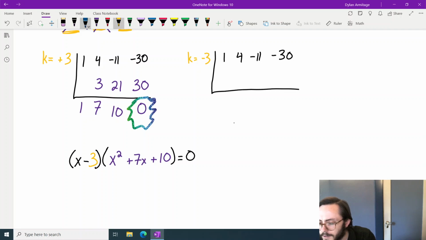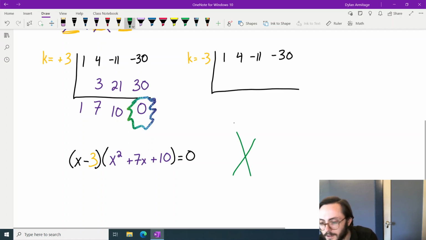All right. Now, using our little X box factor method, okay, what 2 numbers when multiplied together would give us positive 10, and when added together would give us positive 7?